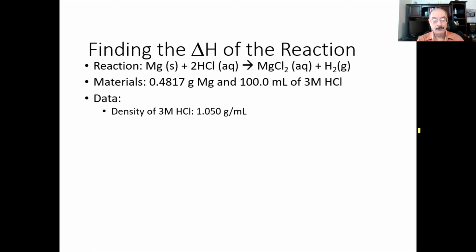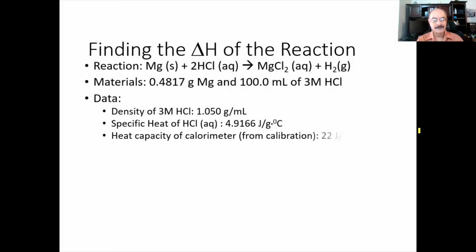For example, we need the density of the solution, that's 1.050 grams per milliliter. We need the specific heat of the HCl solution, that's 4.9166 joules per gram per degree Celsius. This is all given in your handout, actually. I'm just summarizing it here.